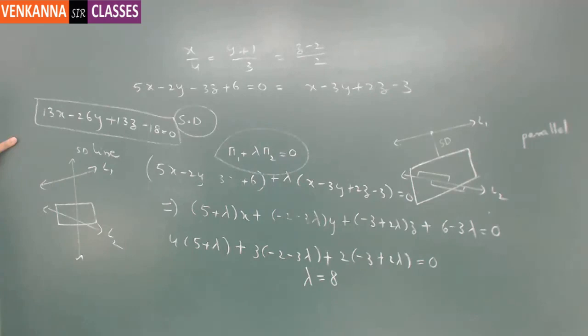So how I am constructing the two planes: one plane I take passing through line 2 and perpendicular to the plane which I already determined. This is one plane I am finding now. Now I am finding the second plane passing through L1 and perpendicular to the same plane again.